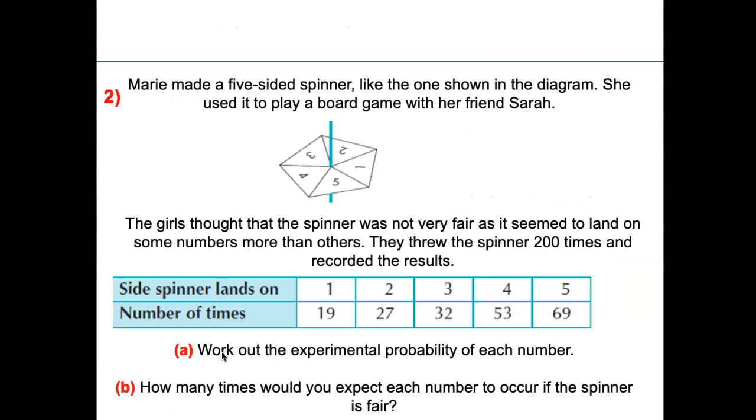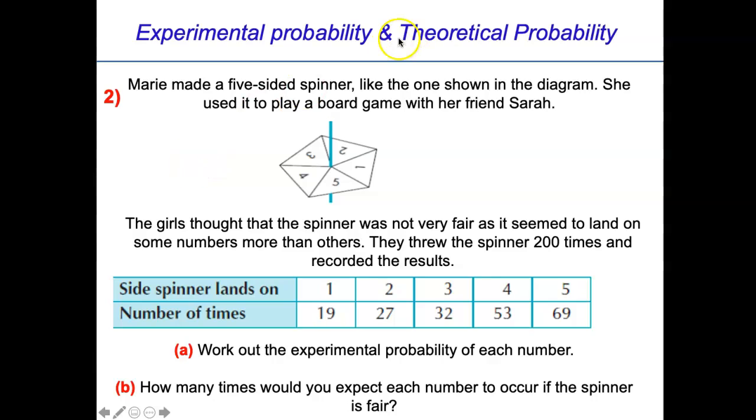Okay, so now let's compare experimental probability to theoretical probability. So there's this 5-sided spinner, and they're going to use it to play a board game. Marie is playing with Sarah.